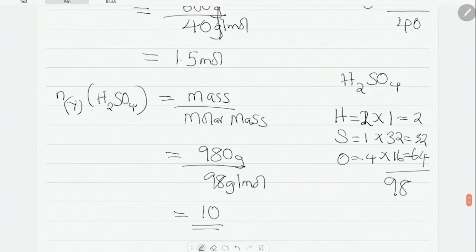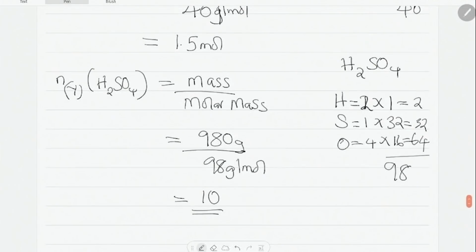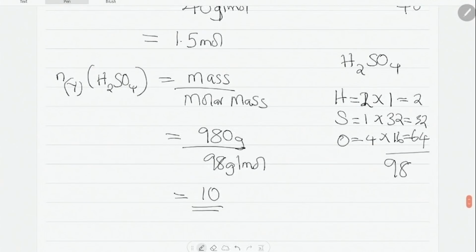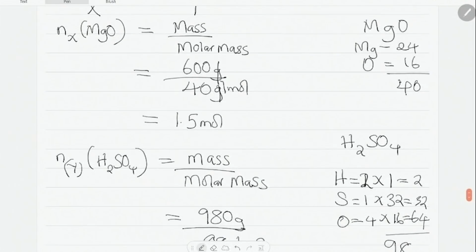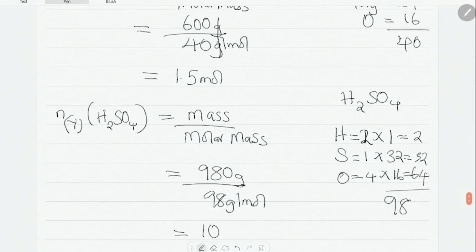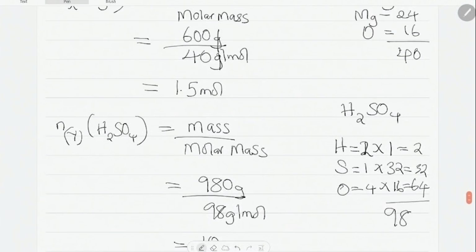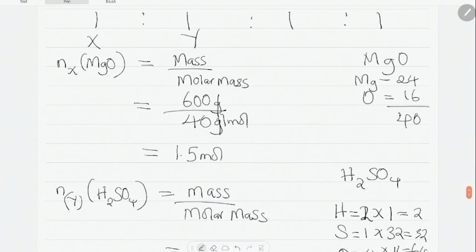Then for magnesium oxide it is 1.5. And therefore, the limiting reagent in this case, just a minute, 600 divided by 40, it's 15, not 1.5.